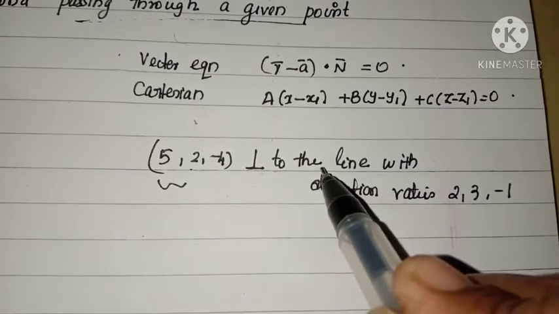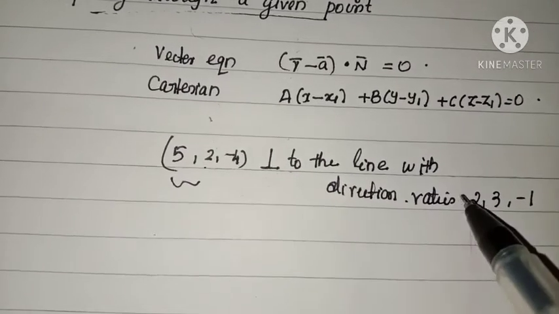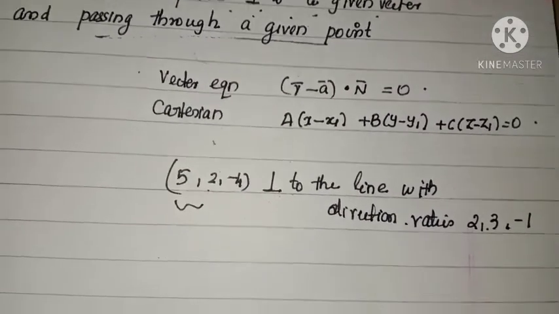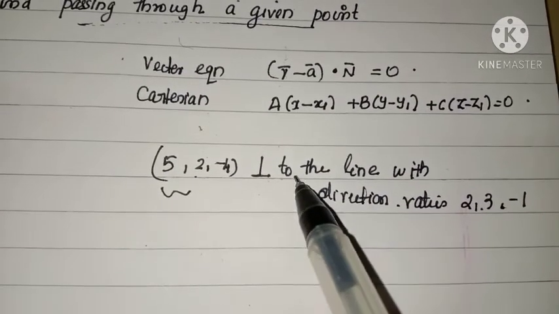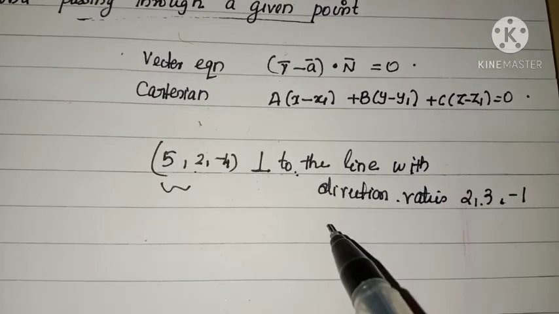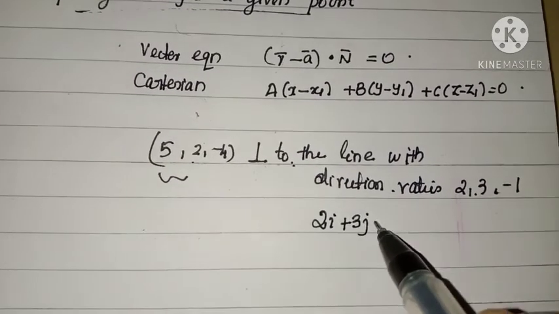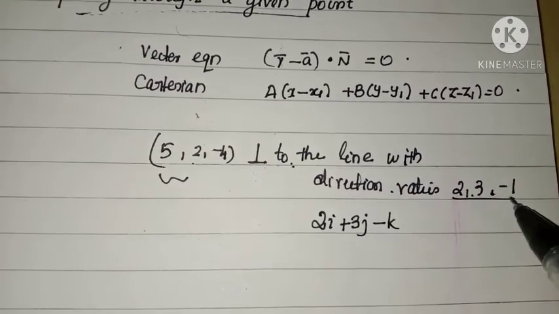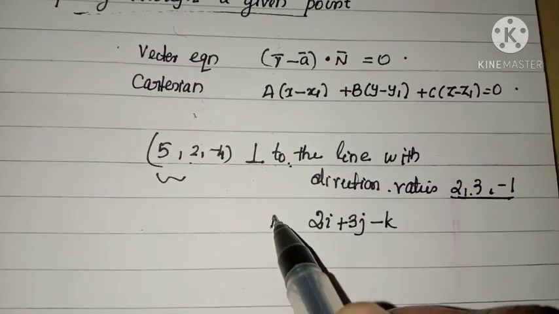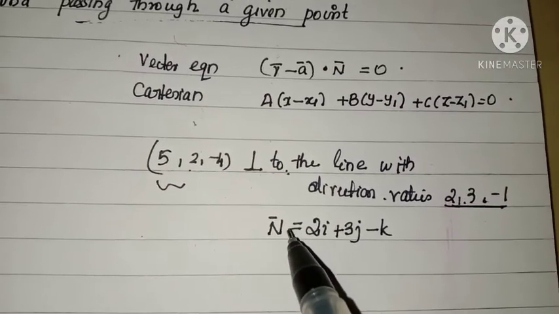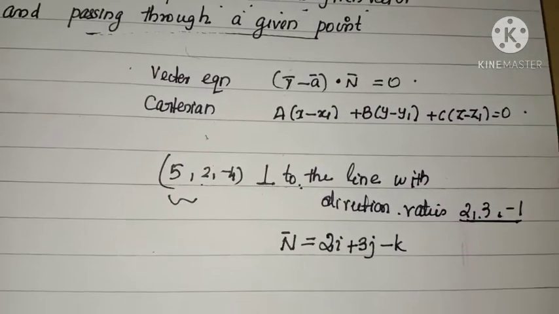So this line is given with the direction ratios 2, 3, minus 1. So from here we can write the vector perpendicular to the plane as 2i plus 3j minus k, because direction ratios are given. So this is our perpendicular vector n. Okay, n is perpendicular to the plane.